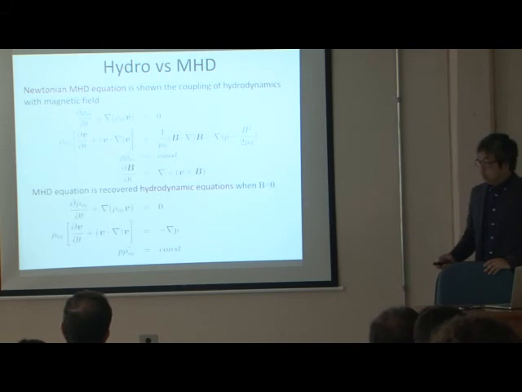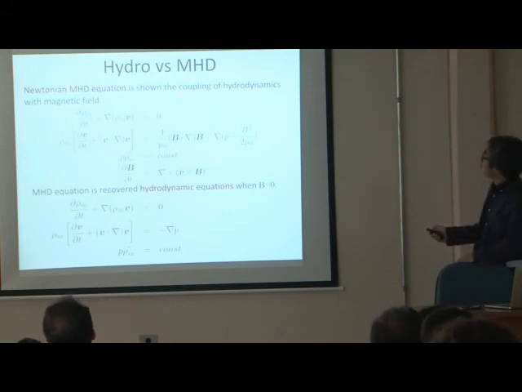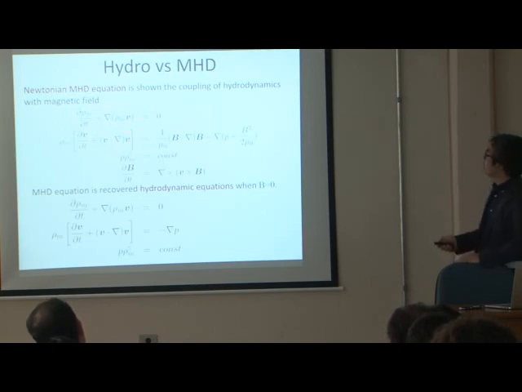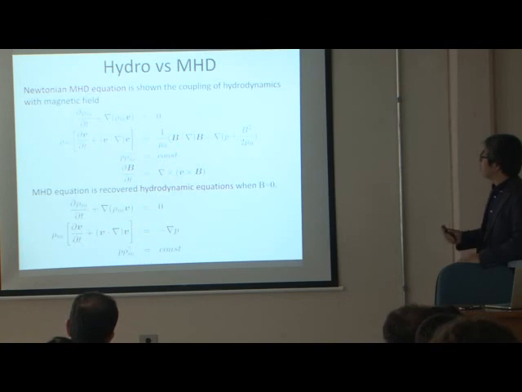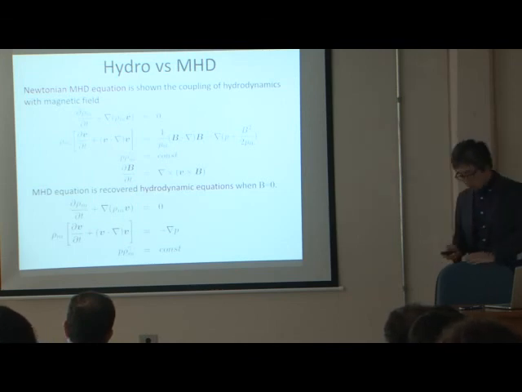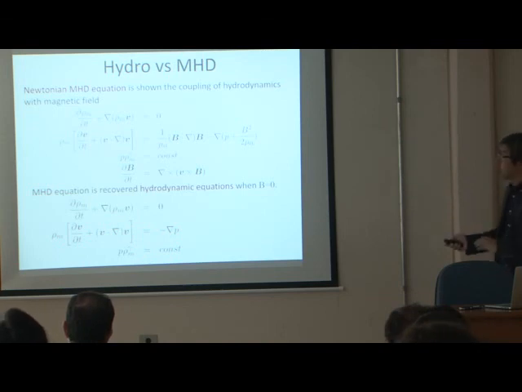Okay, so this is the comparison with the hydro and the MHD equation. The Newtonian MHD equation shows the coupling of the hydrodynamic equation with the magnetic field. This is again not the conserved form. If we drop the magnetic term, then we can recover the hydrodynamic equation. So this is the mass conservation and this is the equation of motion, and then the equation of state.